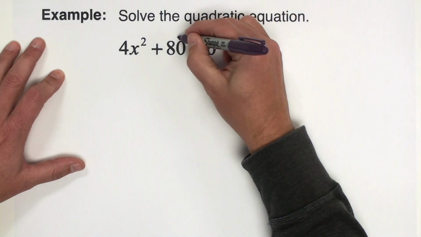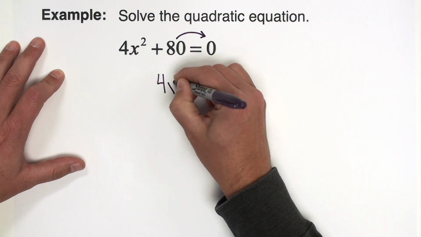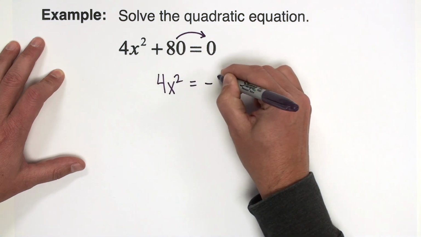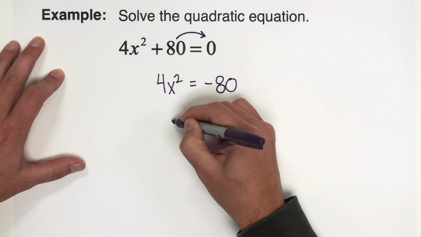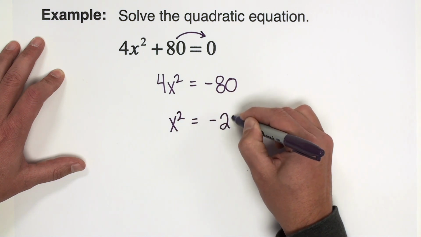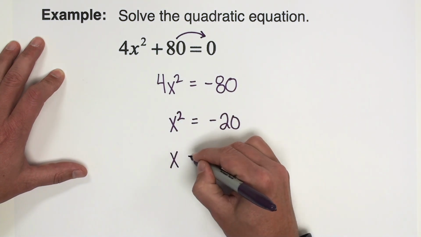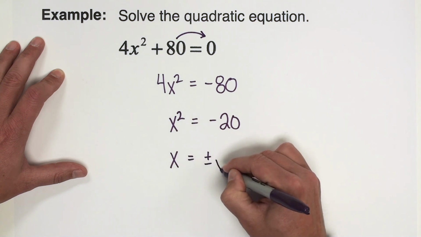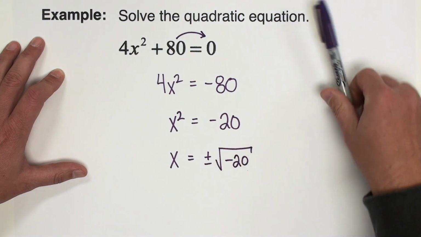So we're going to begin by moving the 80 to the right hand side. So we have 4x² equals -80. We're going to divide both sides by 4 to get x² equals -20. And then we're going to square root both sides. So x equals plus or minus the square root of -20.